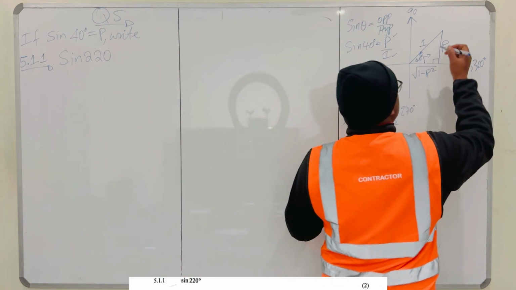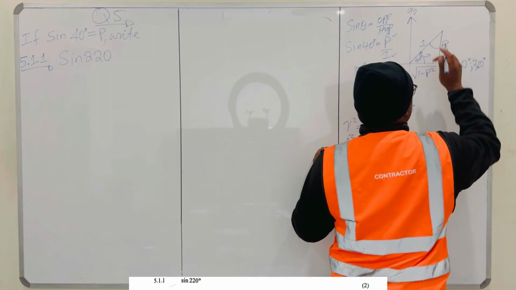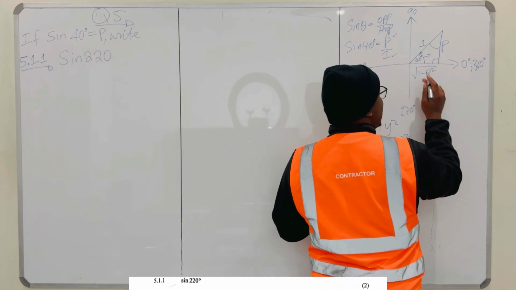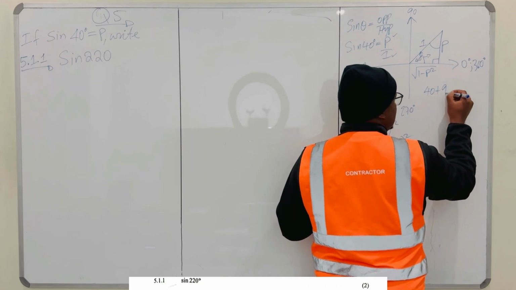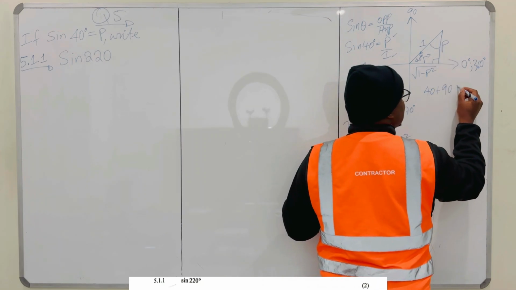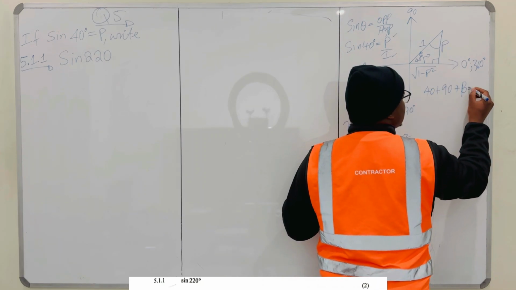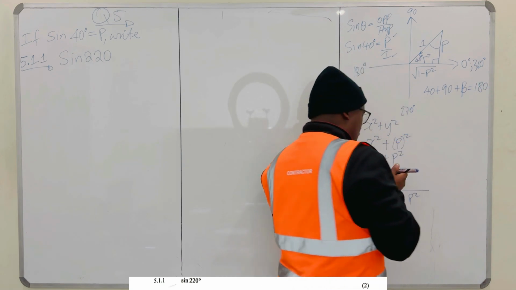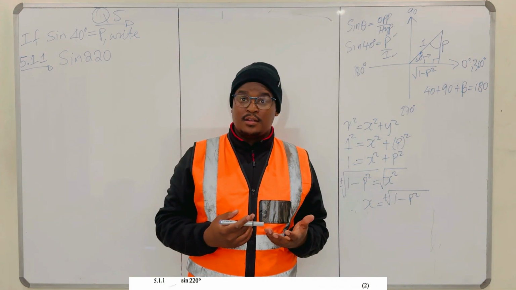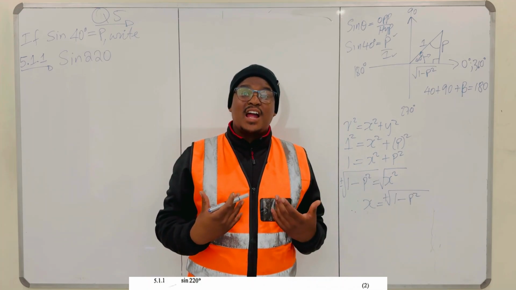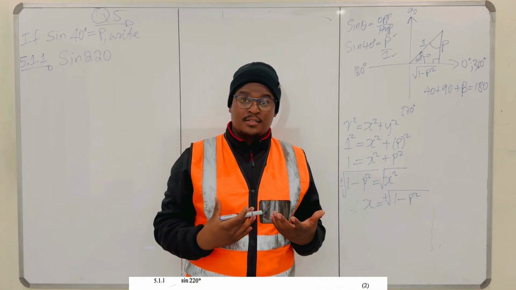Also, now you can find this angle up here. If I add this 40 degrees, plus this 90, plus that angle there, let's say that angle is beta, they will all add up to 180 degrees, because the angles in a triangle add up to 180 degrees.